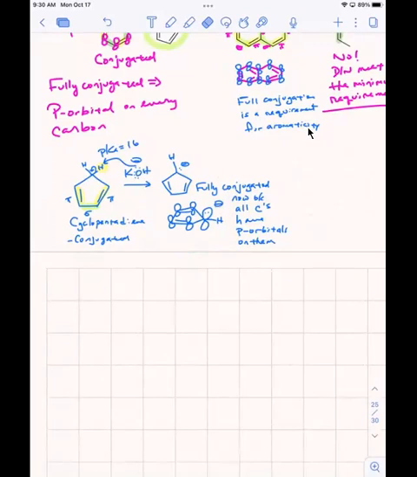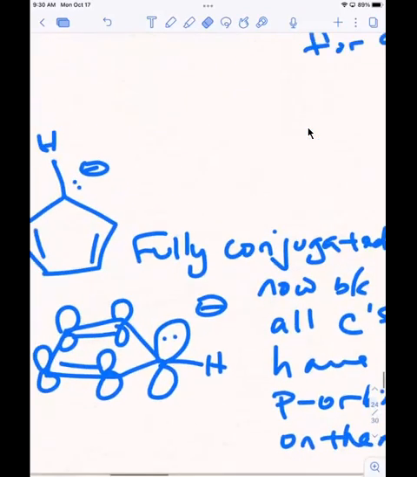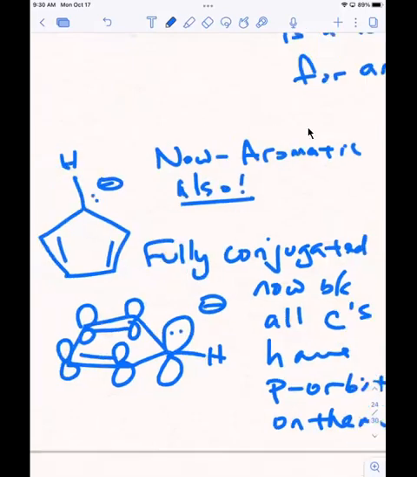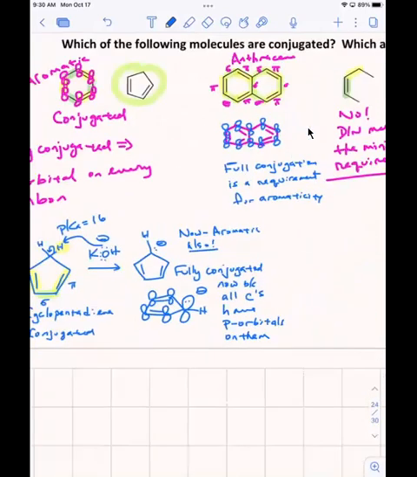And now the cyclopentadienyl anion goes from being just a conjugated molecule to being aromatic. Because it's fully conjugated, it meets all the criteria for aromaticity. I'm not going to go into detail about aromaticity because that's a whole section that we're going to study.